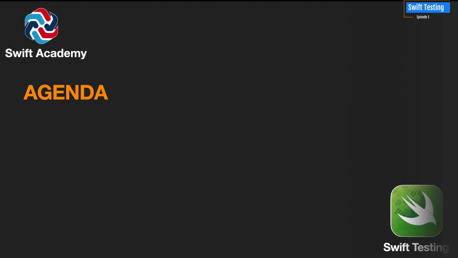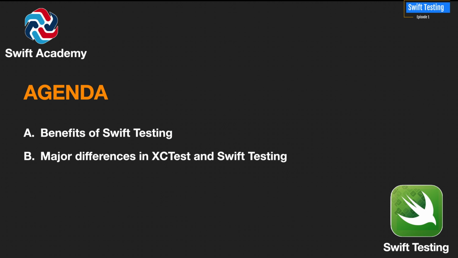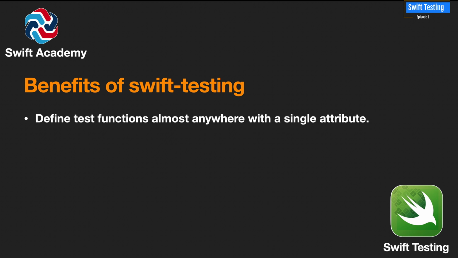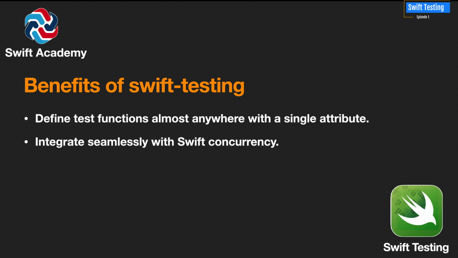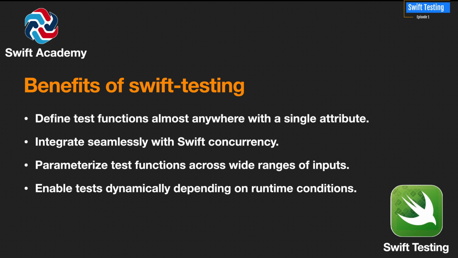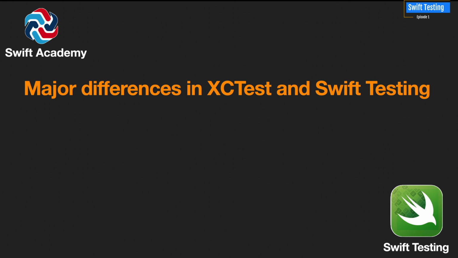First of all, the benefits of Swift testing: you can define a test function almost anywhere with a single attribute, integrate seamlessly with Swift concurrency, use arguments to reduce duplication in our test code, enable tests dynamically depending on runtime conditions, and tests can be run in parallel.